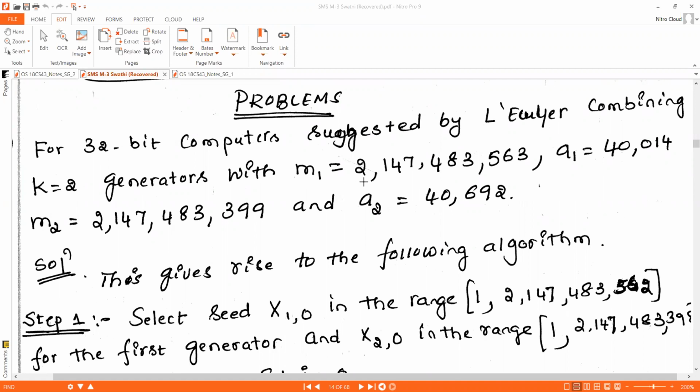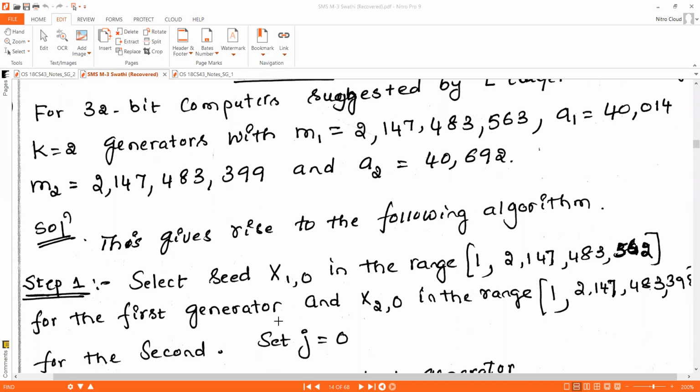The m1 value is 2147483563. The m1 minus 1 value is 2147483562. The seed value should be selected in the range of 1 to 2147483562 for the first generator.